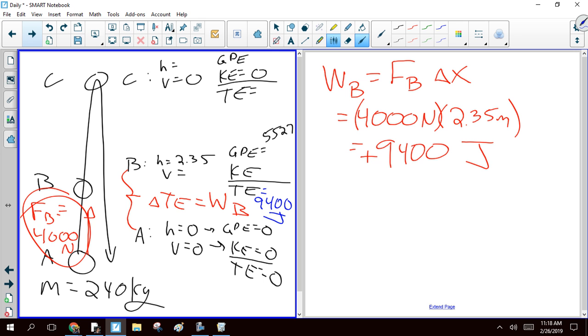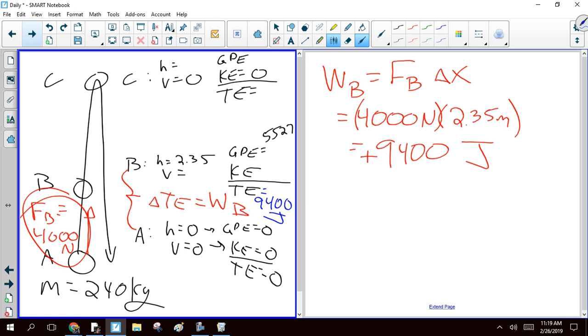Clear? Okay. So now I know my GPE and my TE, so now I can subtract to find my KE. Make sense? So let's grab the calculator. 9,400 minus 5,527.